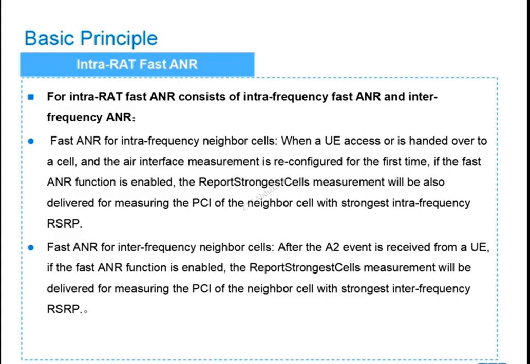If the fast ANR function is enabled, the report strongest cells measurement will also deliver the measurement PCI of the neighbor cell with the strongest intrafrequency RSRP. For interfrequency, when the UE receives the A2 event, the report strongest cells measurement will be delivered with the measurement PCI of the neighbor cell with the strongest interfrequency RSRP.